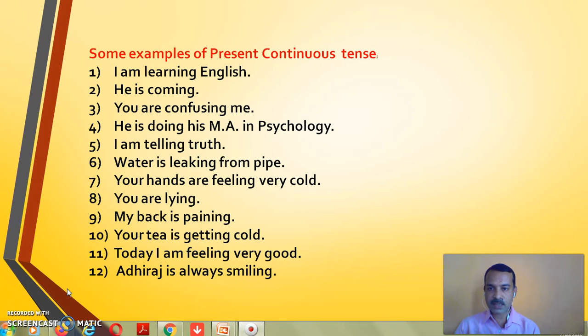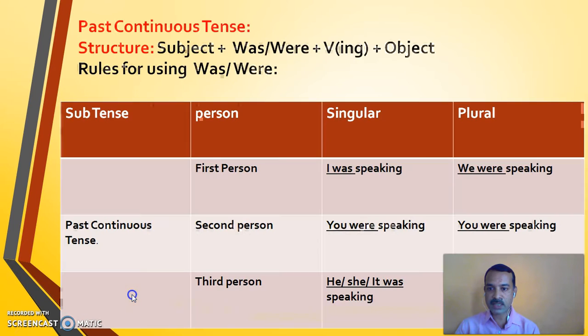So these are the examples of present continuous tense, which talk about things which are going on or in process. Let's have a look at the next tense, that is past continuous tense. This type of tense is also commonly used again and again in our spoken as well as written communication.